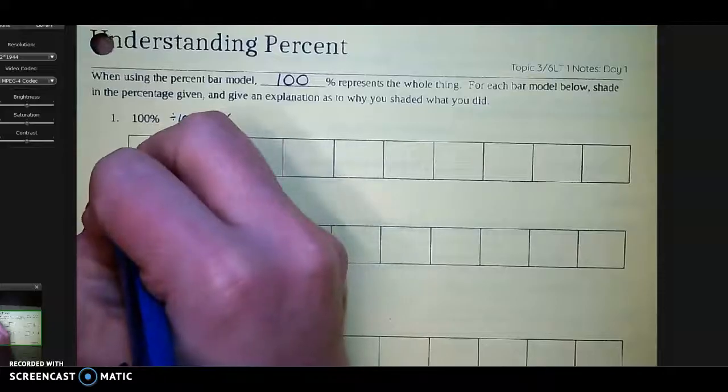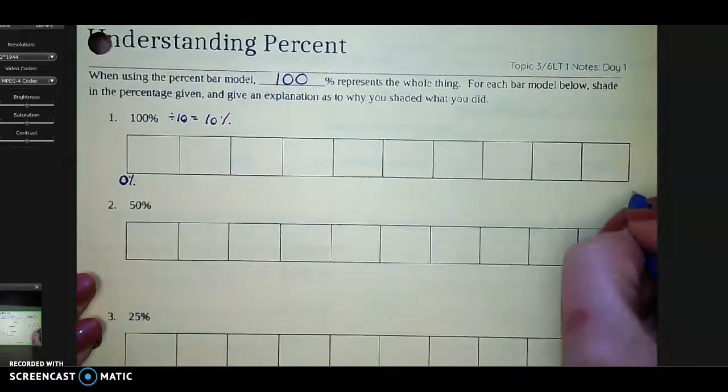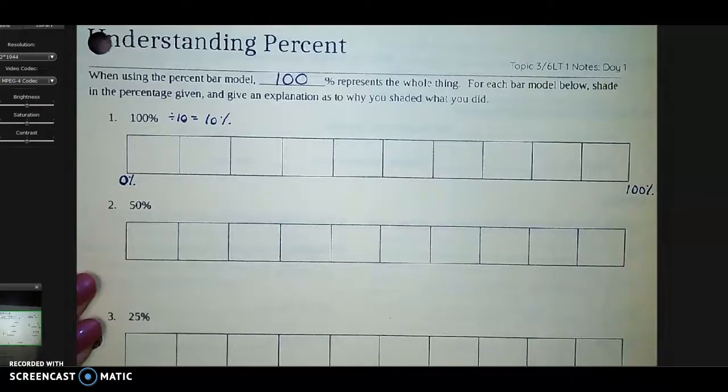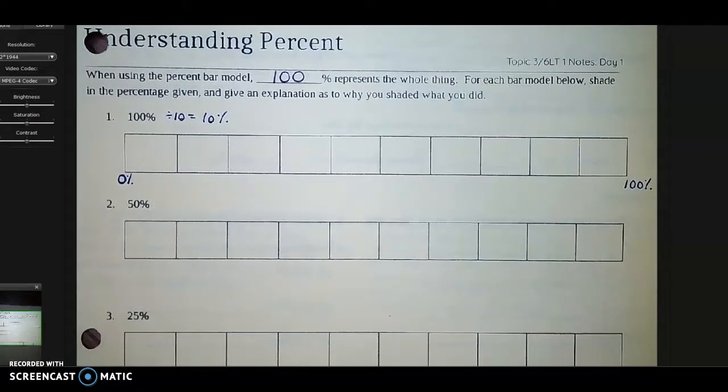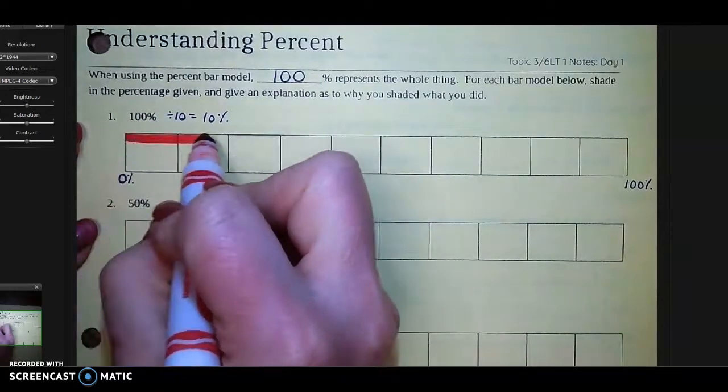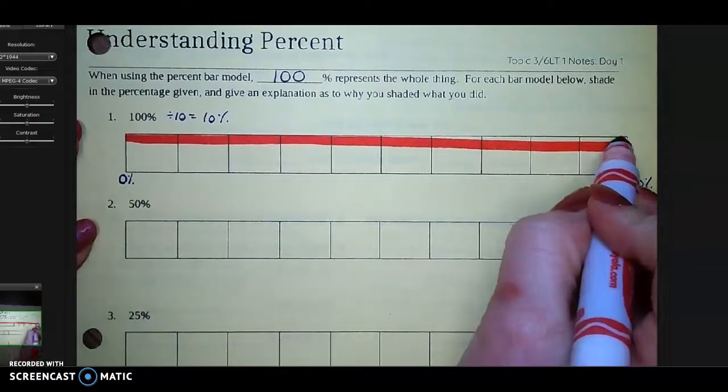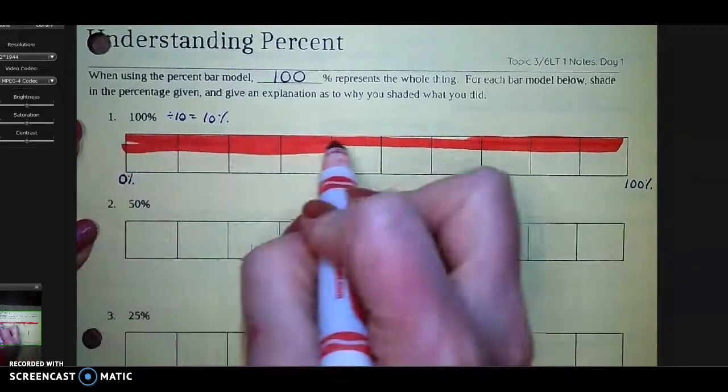So if I start down here, this is like 0%, and all the way down here is 100%. Well, if I'm going to shade in 100%, that means I'm shading in all of it. So I'm going to go ahead and color that all in.